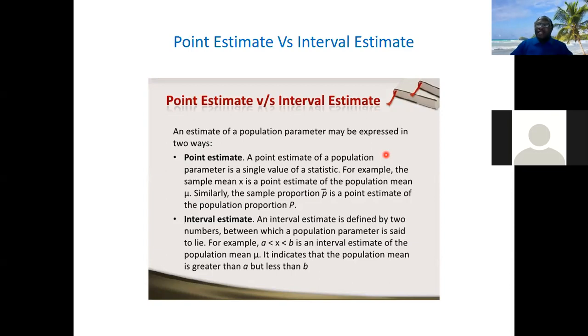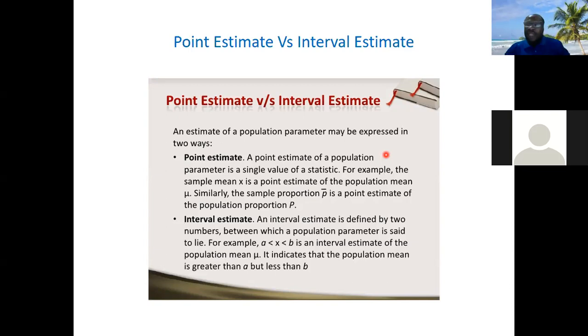But the one I gave that is wider, which is 28 to 37, was able to contain the real value. So that is just an illustration of why we use interval estimate. It's preferable to point estimate. And you now know that interval estimates differ with the level of confidence.